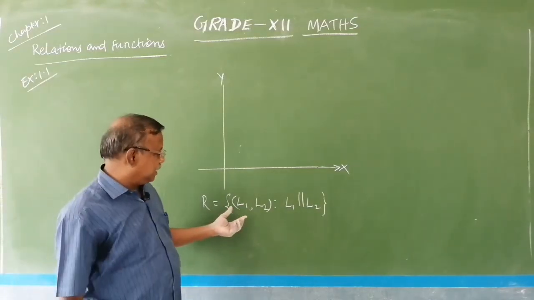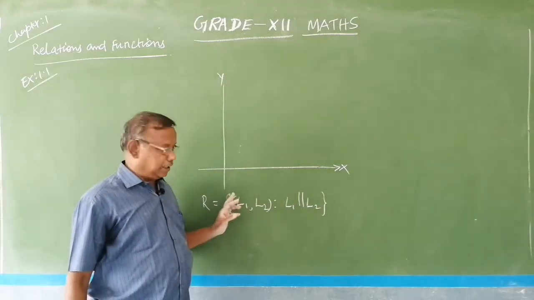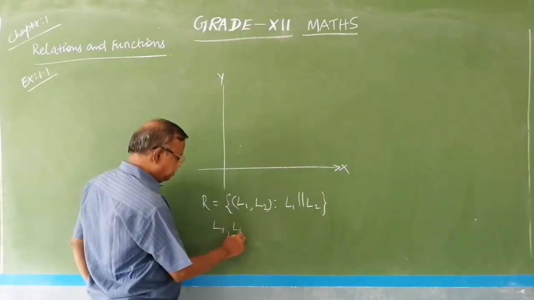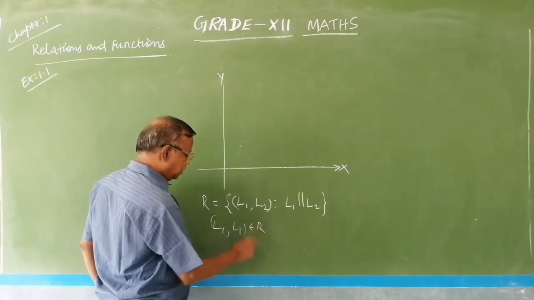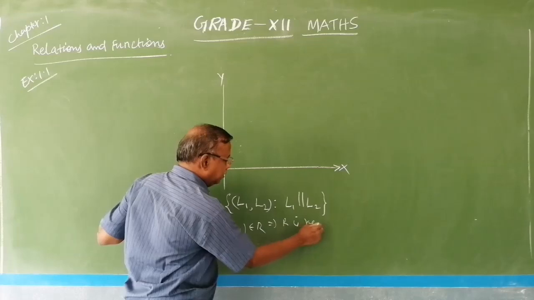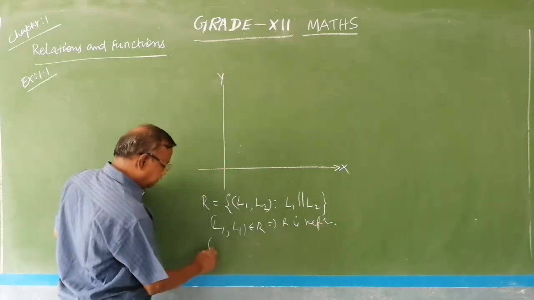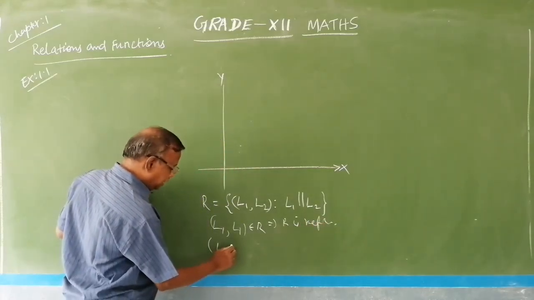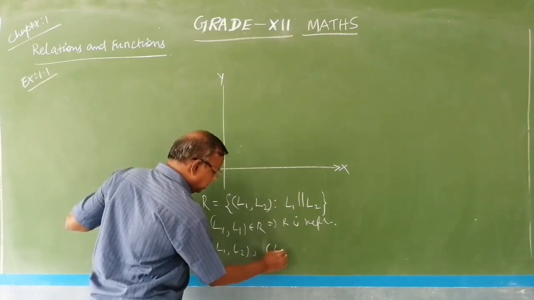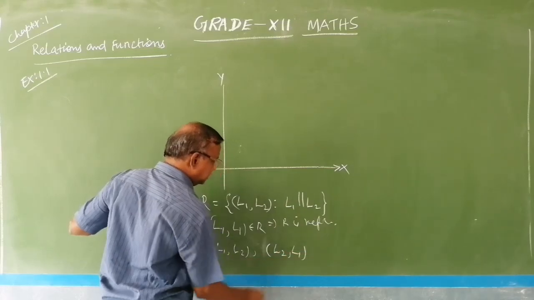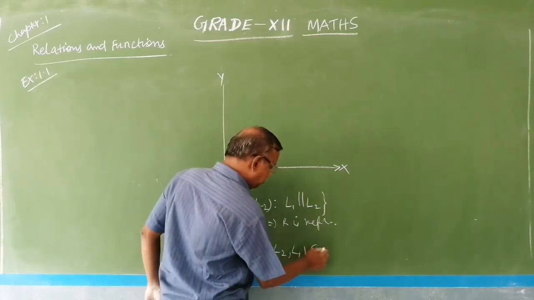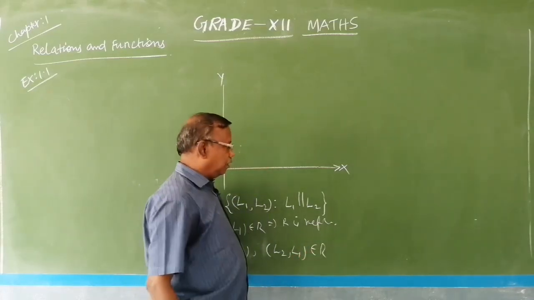Clearly, every line is parallel to itself, therefore (L1, L1) belongs to R. So, R is reflexive. If line L1 is parallel to line L2, then L2 is parallel to L1 only, so both belong to R, therefore R is symmetric.